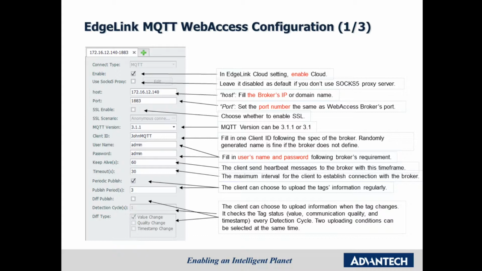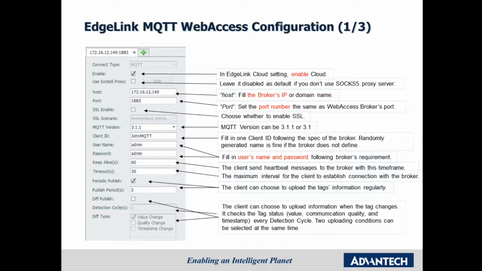If the user wants to enable it, click the Enable checkbox and click the Edit button to set the Socks server information in the pop-up box, including the server IP address, port number, username, and password. For the host, please fill in the broker's IP or domain name. For the port, set the port number the same as the WebAccess broker's port.